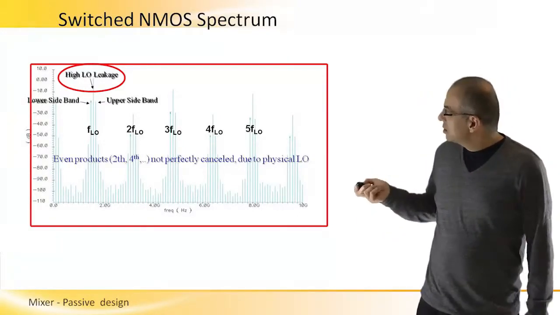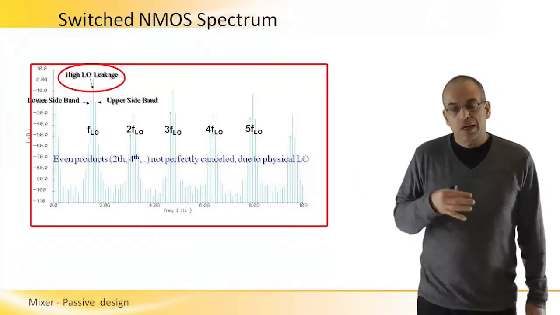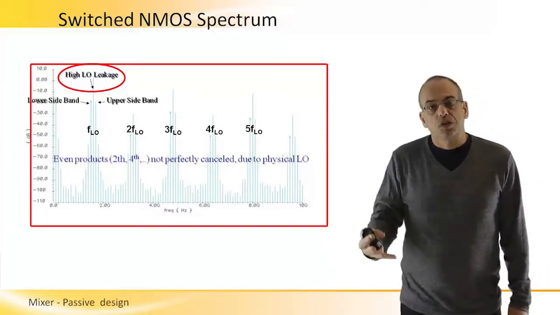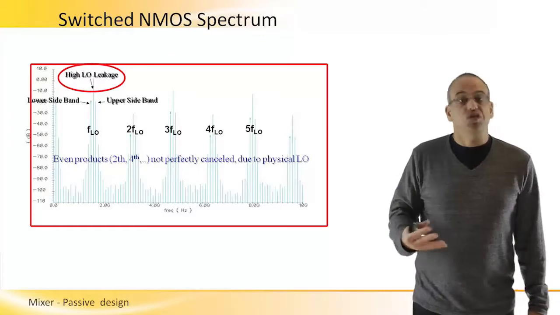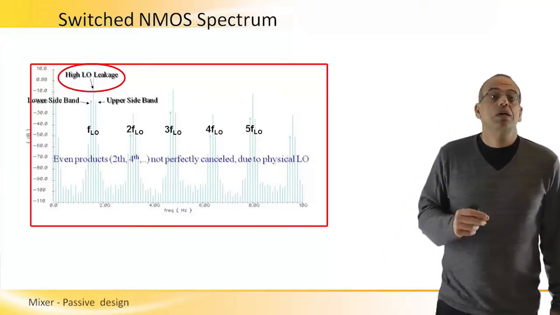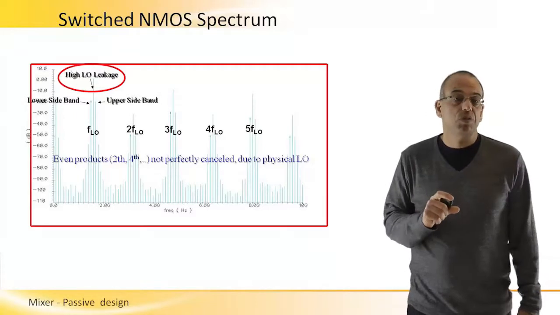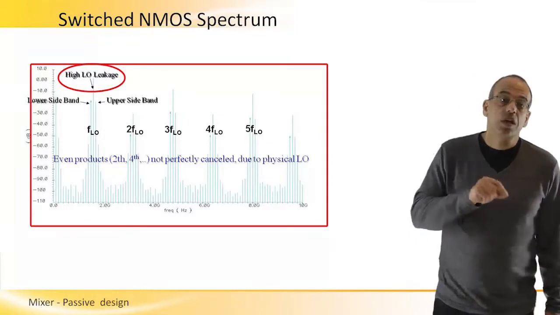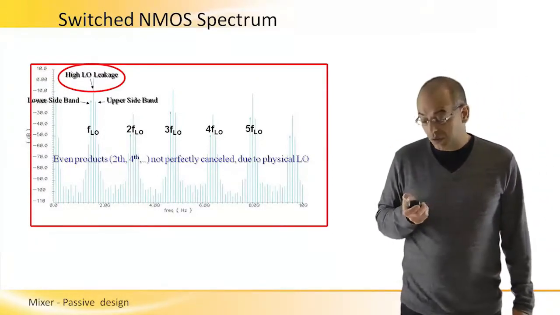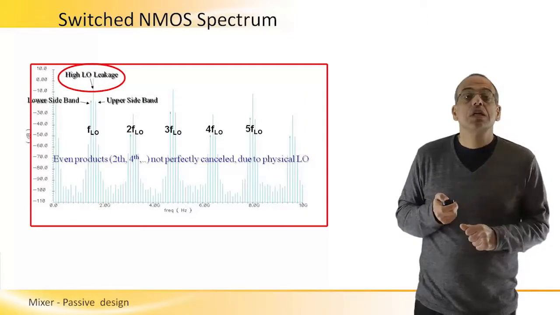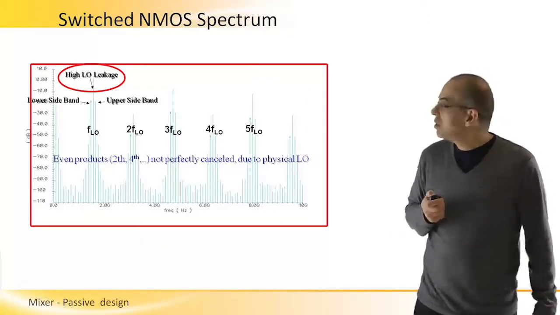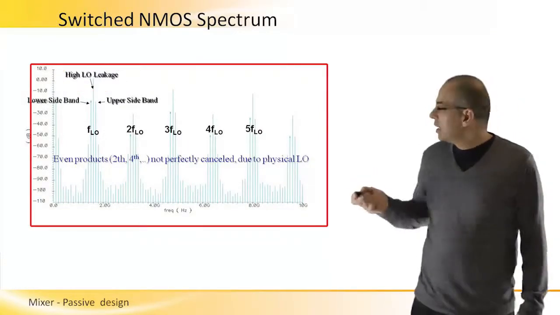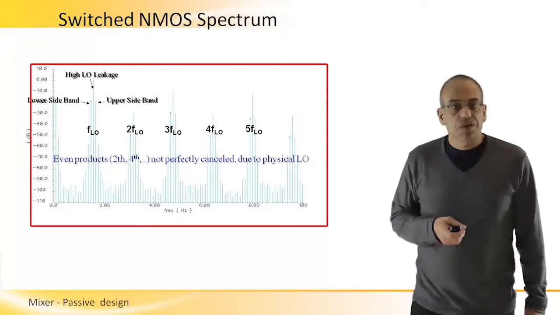We didn't see this LO product in the mathematical expression because it's not coming from the switching behavior of the transistor, but rather from capacitive coupling between the LO port, the gate, as we will see soon, and the output. Just because we have some capacitance between LO and output, the LO signal is leaking out, and it continues with all the other harmonics.